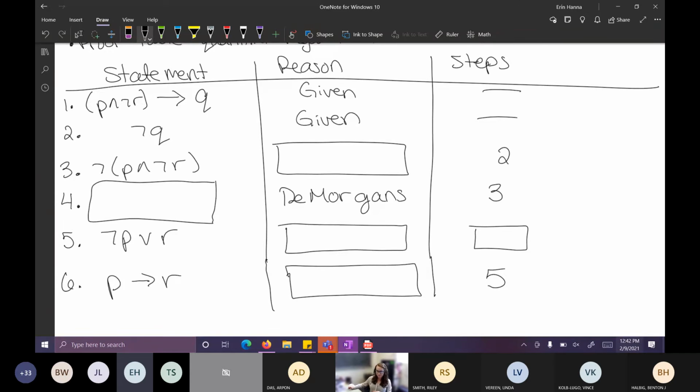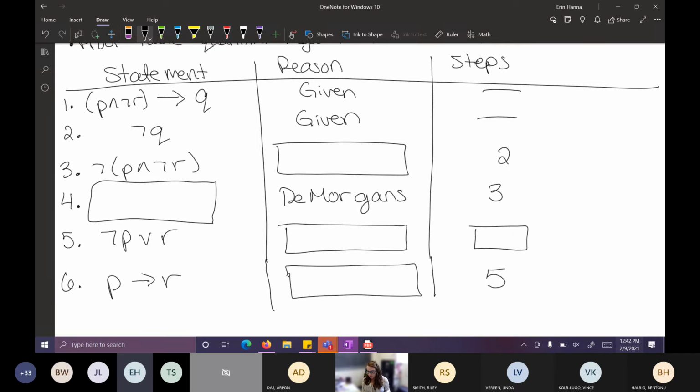Okay, I'll give you a couple more seconds to write that down. So again, on a generic thing like this, this is kind of what you would see. It would be a table and you just need to fill out the blanks that are missing. Some of them you might need to fill out the reason. Every once in a while, I might have you show me the statement based off of the reason that they give you.